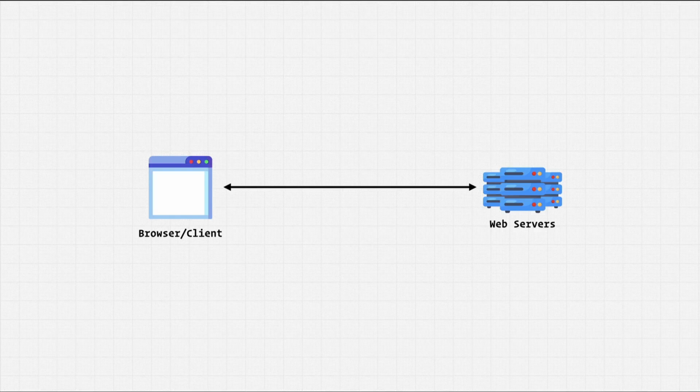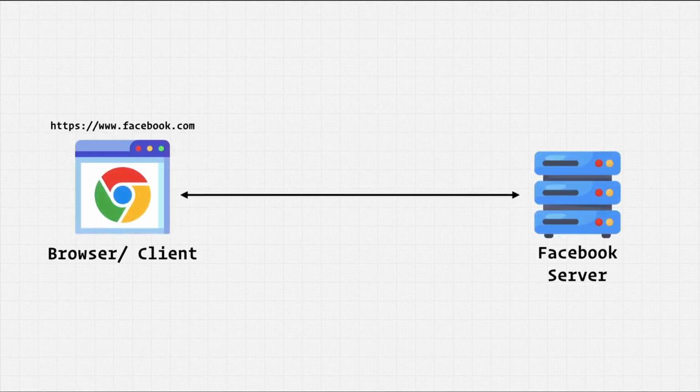In order to understand this, we need to think back to our original example that we learned in an earlier lesson, when we were trying to access the Facebook server in order to access facebook.com. When we made this request, remember that what you're communicating with is something that before I called a Facebook server, but really you can pretty much think of it as a web server or an application server.